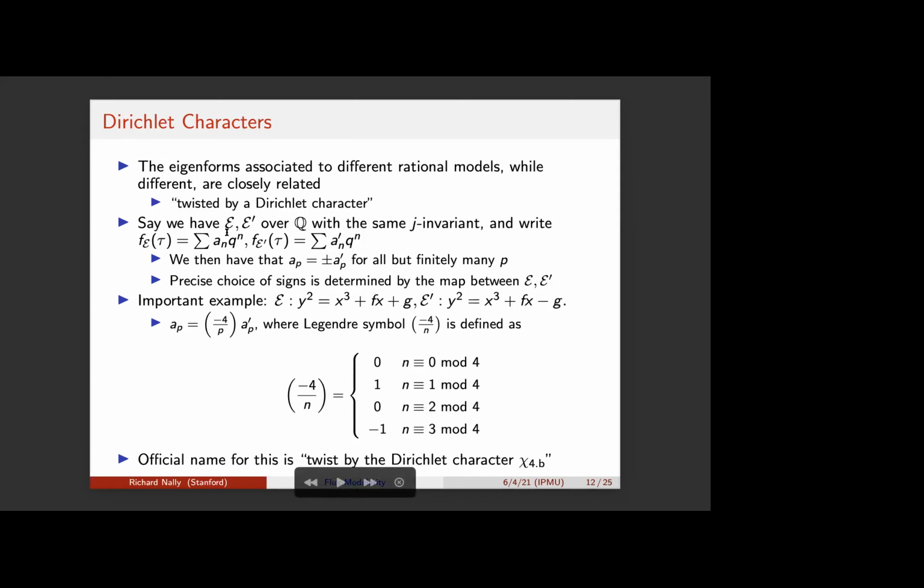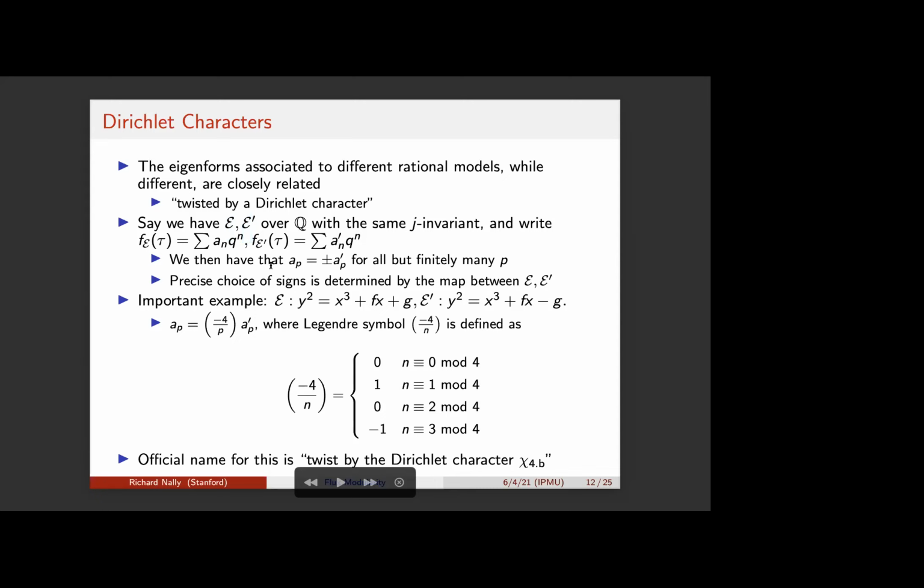So let's say we have two elliptic curves E and E prime that are both defined over Q and have the same j invariant. Let's write a_n for the nth coefficient of the modular form associated to E, and a_n prime for the nth Fourier coefficient of the modular form associated to E prime.